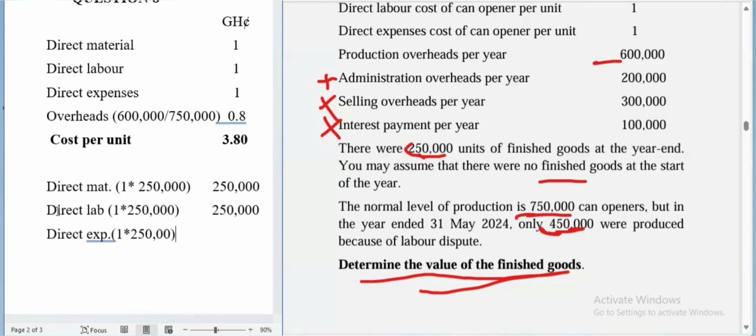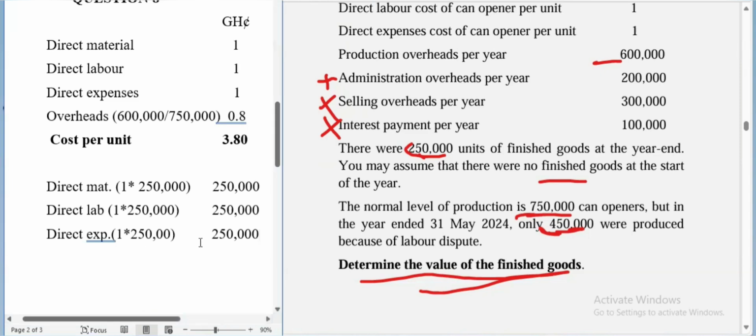So we have 250,000 as the value of direct materials. You just have to pay attention as we do the computations.